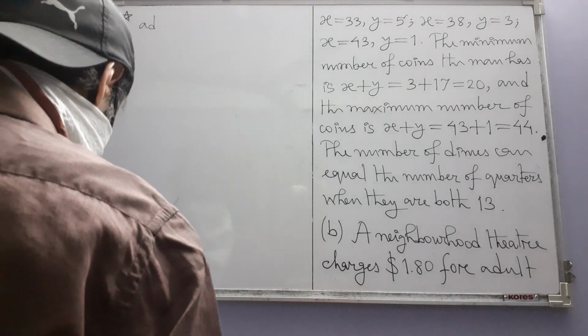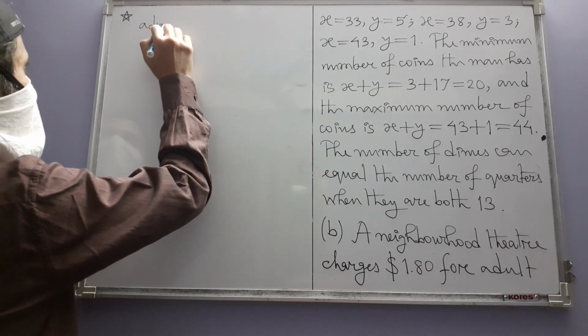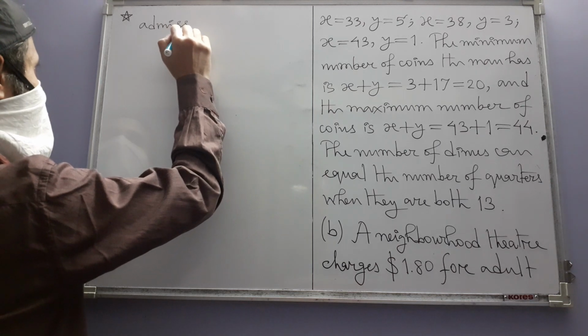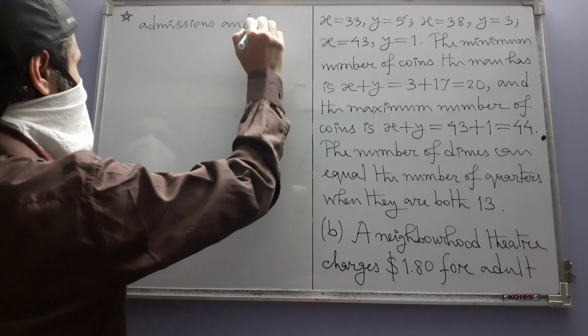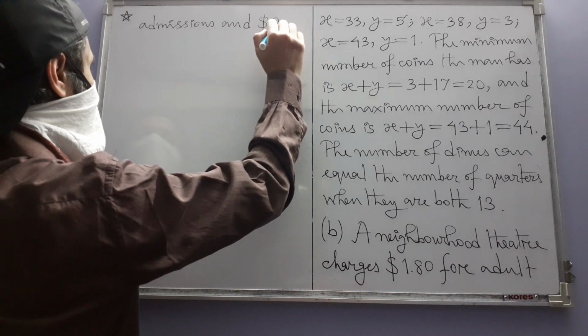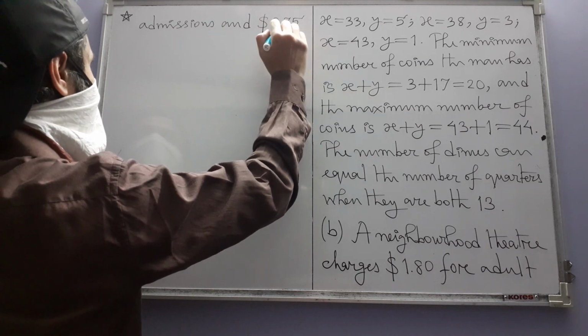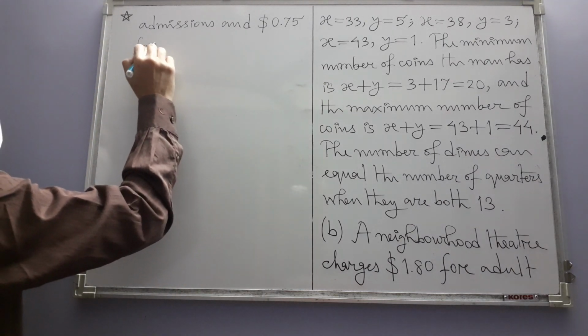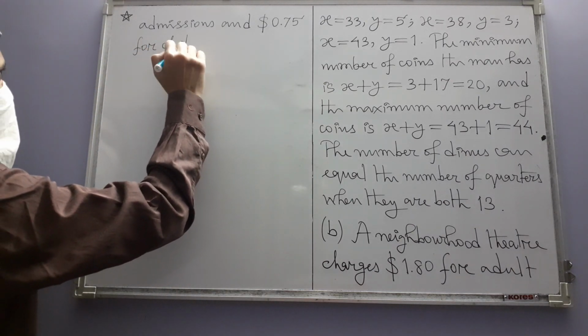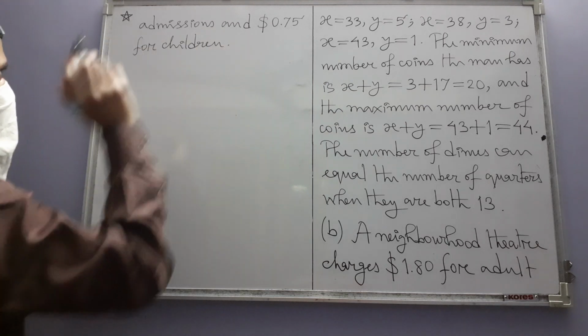I forgot admission spelling. How nice. And $0.75, that is 75 cents for children.